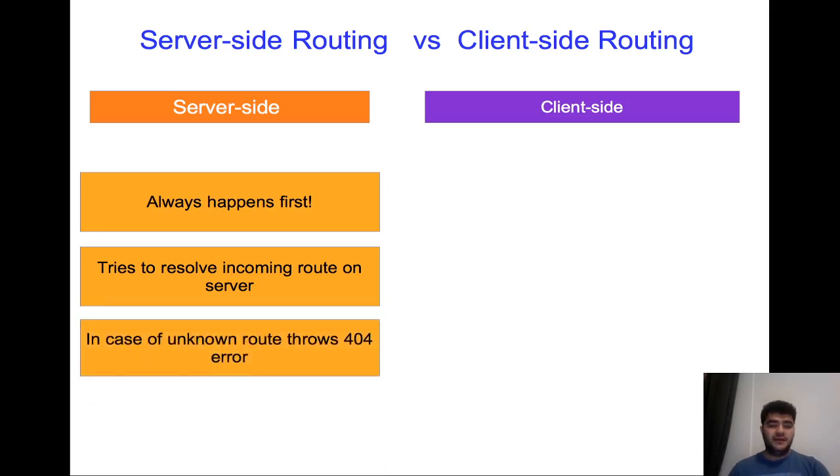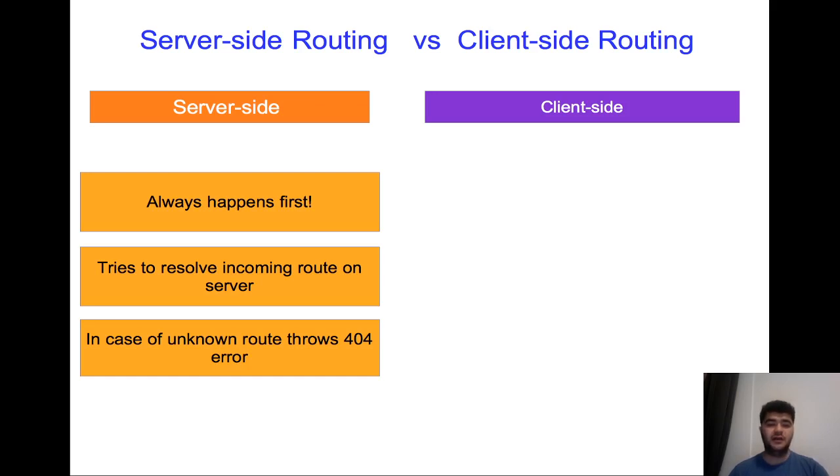And the last thing, in case of unknown routes, the routes that are not defined or described in the server, it will throw a 404 error, which means not found, or unknown URL. So this is basically what server-side routing is.